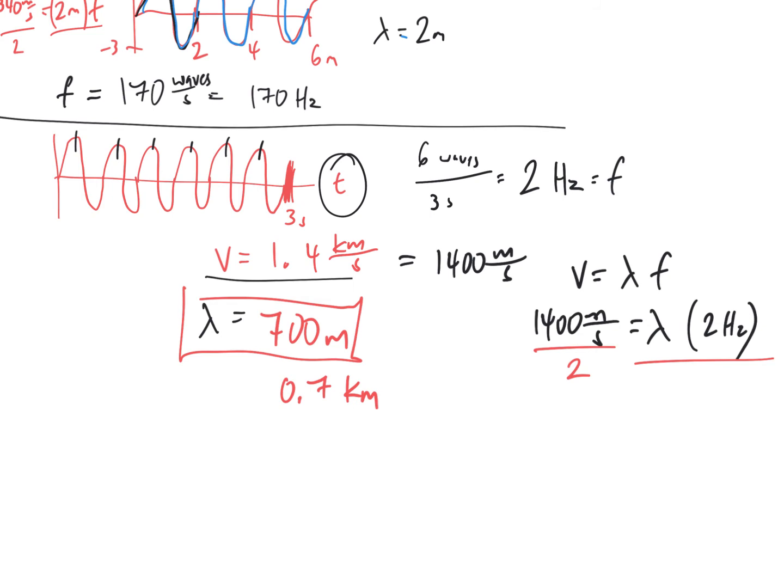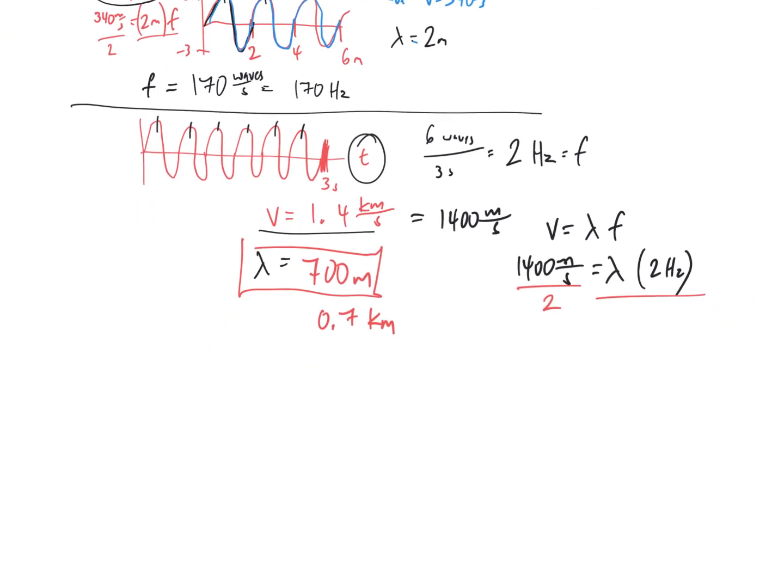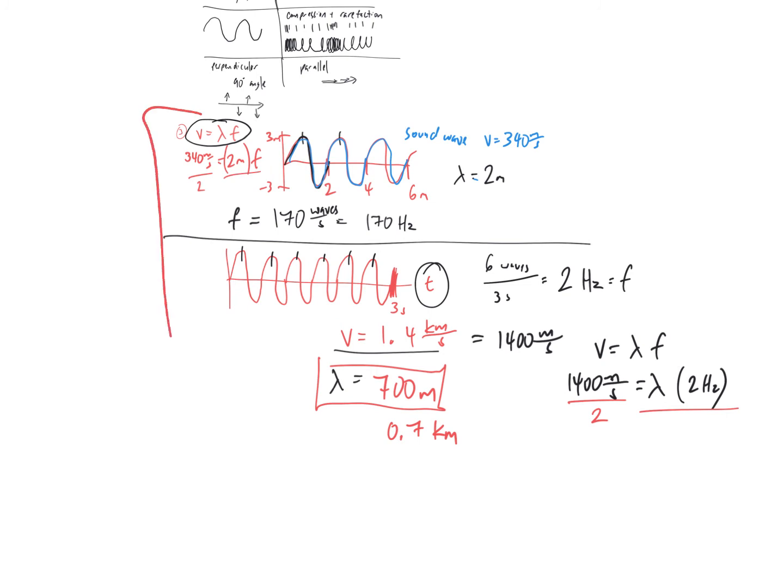As long as you're diligent with your units, but it would be helpful to note that 0.7 kilometers is 700 meters. All right, so this part, solving for wavelength, wave speed equals wavelength times frequency, that's our level 3 work. So that's where we really are trying to focus in terms of reading the graph, solving for one of those variables.